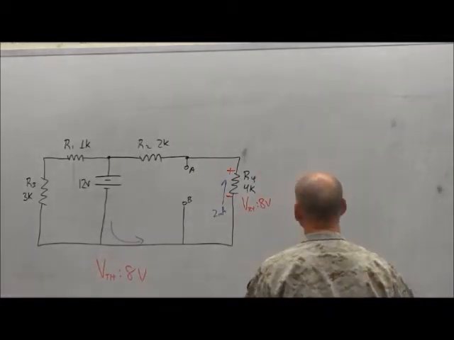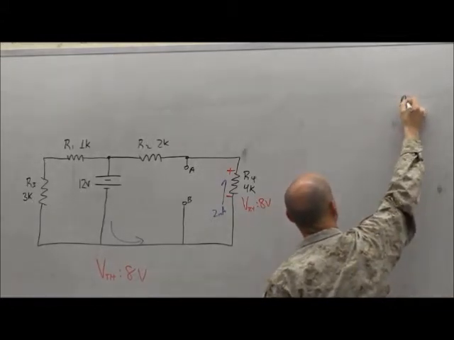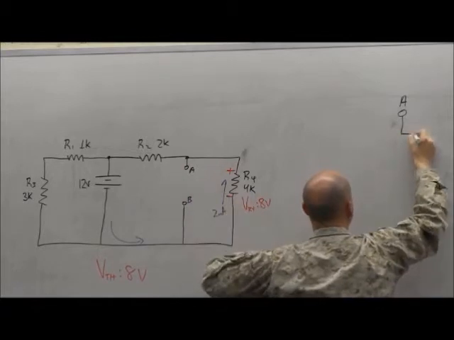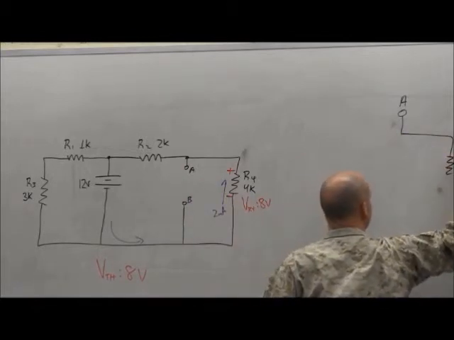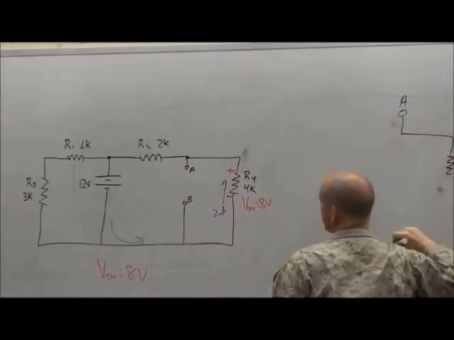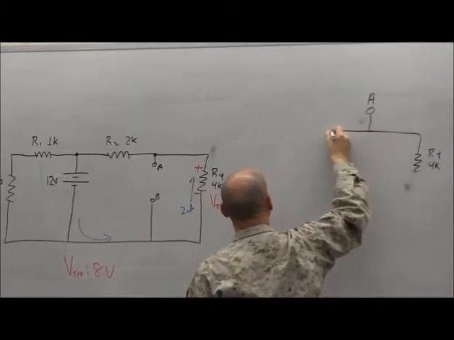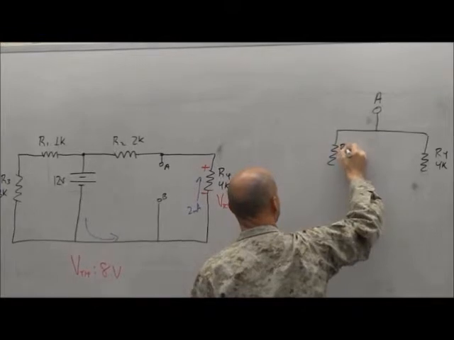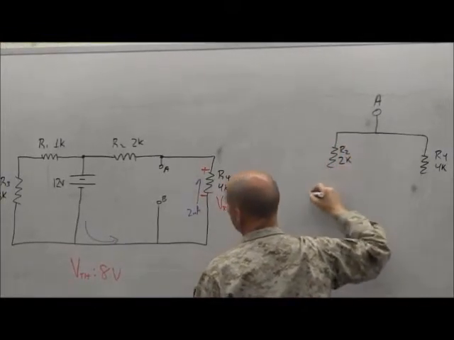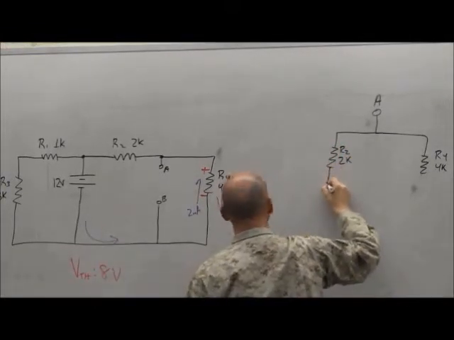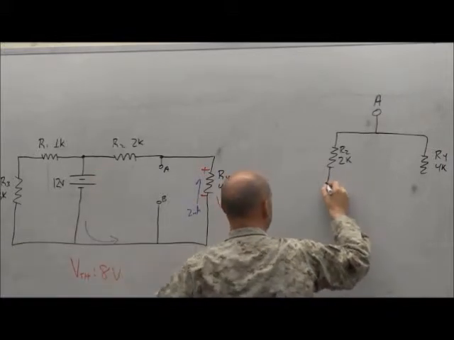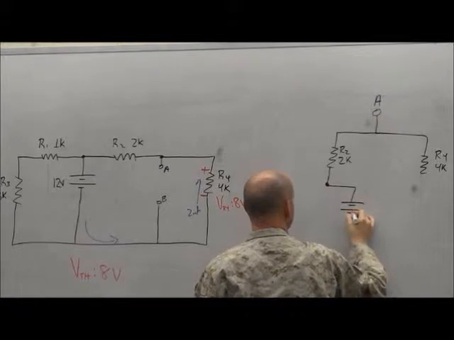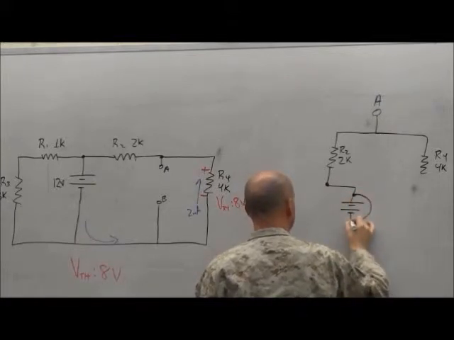Next, we'll look for resistance Thevenin. We start out again at A. We come out of A, we hit a node. We go right, we hit R4. We go left, we hit R2. And then we hit a node. We go down on that node, we hit ES1. We're going to short around it.